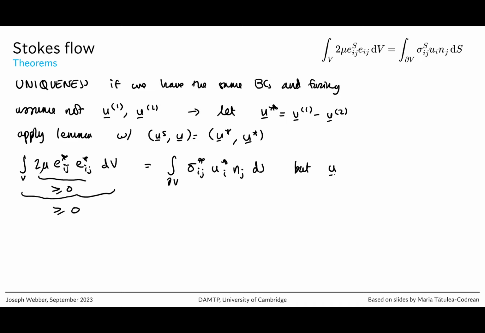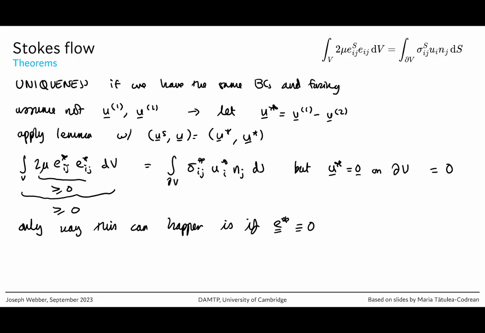But u star equals 0 on the boundary, because they have the same boundary conditions. So the velocity is the same on the boundary. So this equals 0. And the only way this can happen, therefore, is if E star is everywhere 0, because this is otherwise positive.